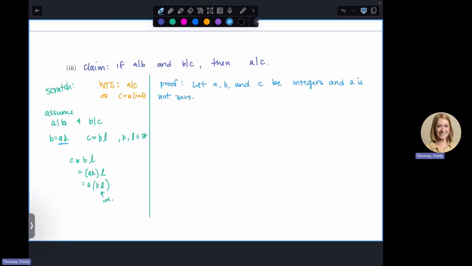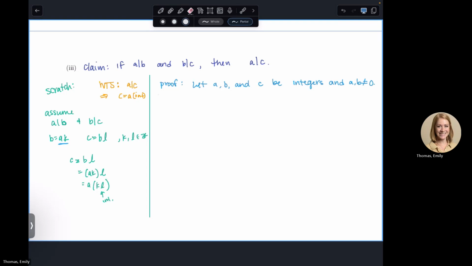By definition... Nope, not yet. B equals AK and C equals BL.